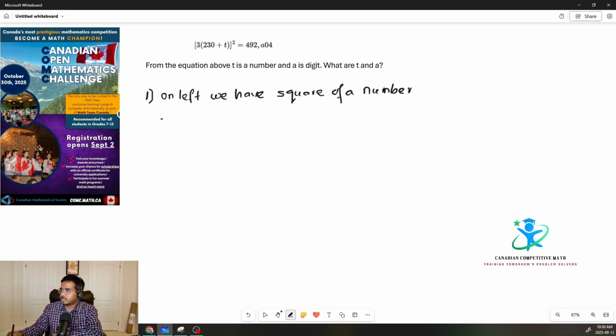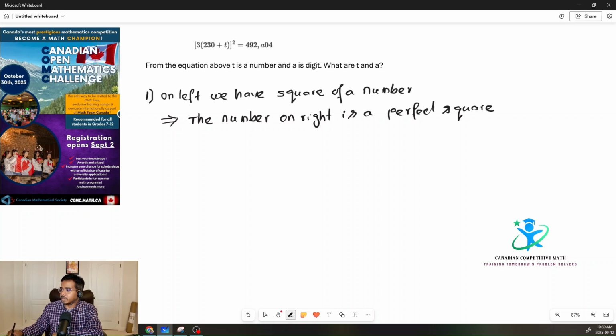Which means the number on the right is a perfect square.